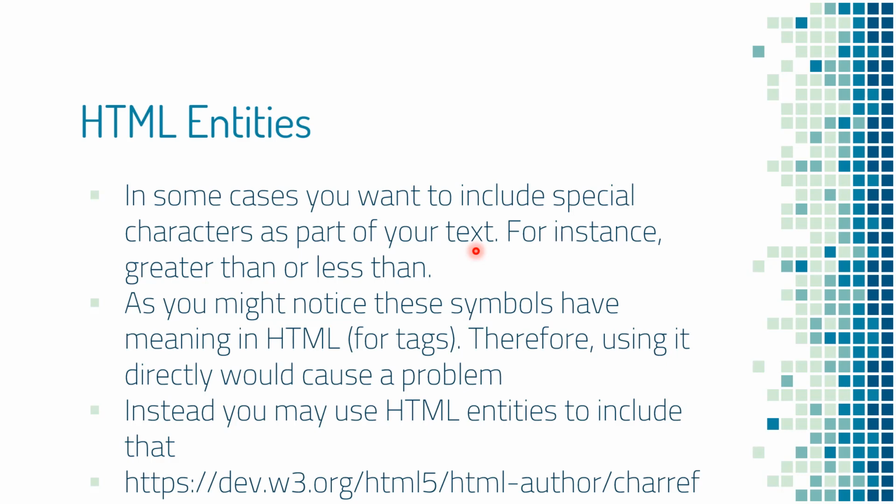You know that less than and greater than have a special meaning for HTML, which is to denote an opening tag or closing tag. This is why they are used. If you want to include them without dealing with them as an opening tag or a special character, you may use the entities. Okay.